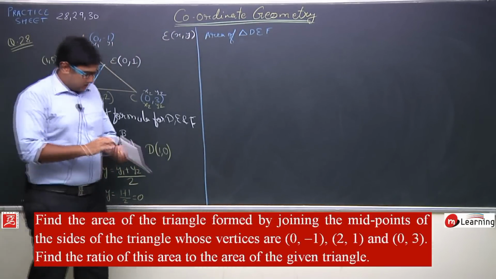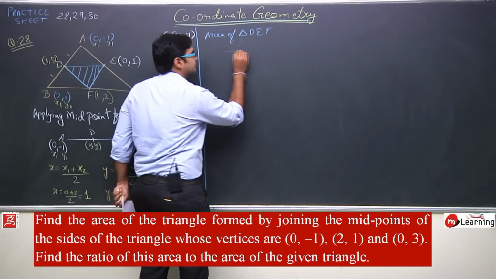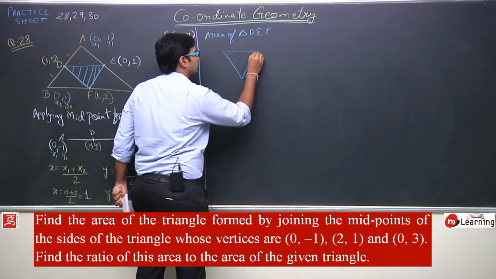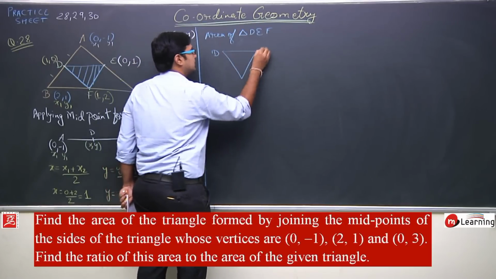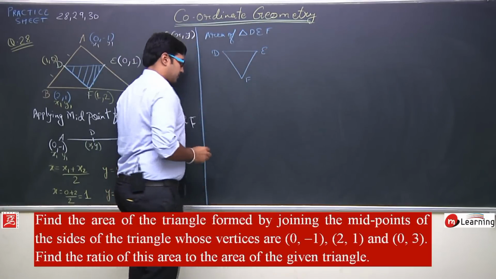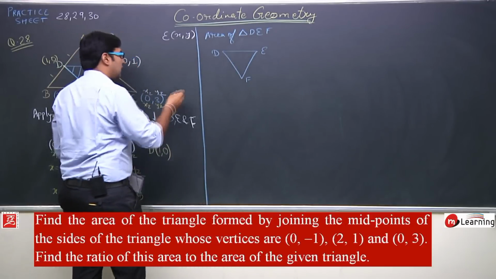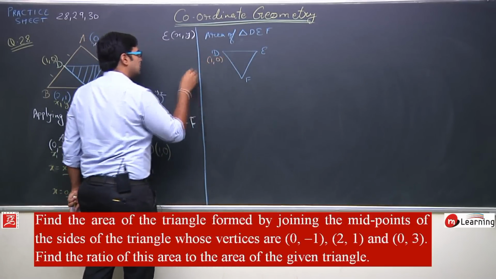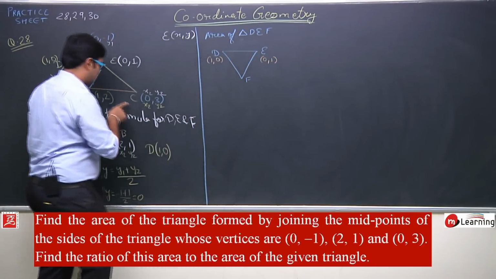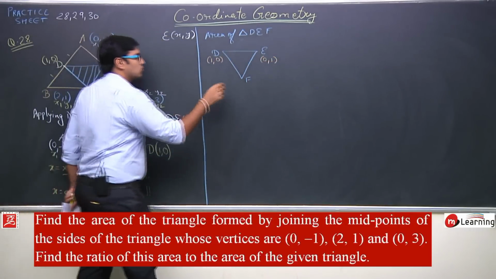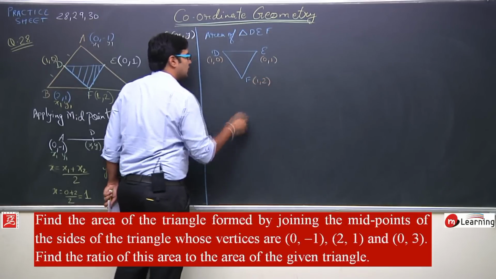Let us draw it like this. So this was D, this is E and this is F. So the coordinates of D are 1, 0, coordinates of E are 0, 1 and coordinates of F are 1, 2.